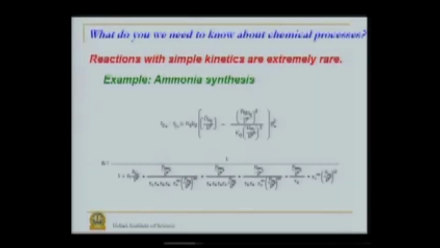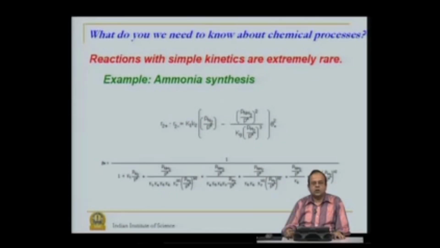Now, next come to the next aspect of reaction engineering, namely kinetics. We would have done kinetics, and we always talk about first order kinetics, or even better zero order kinetics, first order kinetics, second order kinetics, and so on. Now, chemical reactions with simple kinetics are extremely rare.